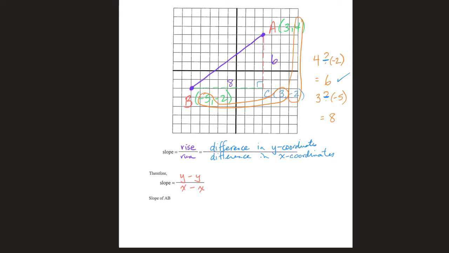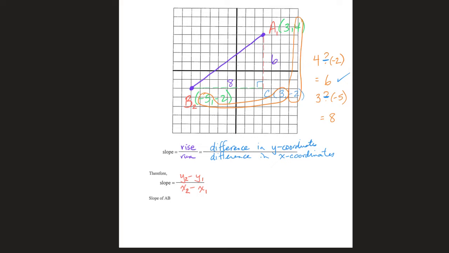Oops, I want that in red. And then that makes my point B point 2. And so now I can tell my y coordinates and my x coordinates apart because one of them's at point 1 and the other one's at point 2. The problem is my red formula doesn't show that yet. So if I put on point 2 and point 1, maybe we can see that then.